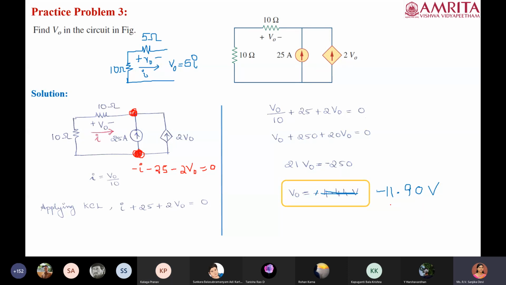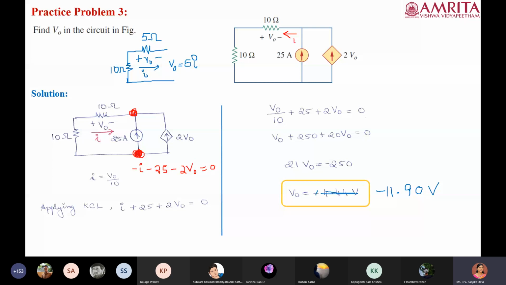Okay, so let me show this here. That is also fine. I will show it in the first circuit. So let us assume that current is flowing outside, right? It is flowing out of this particular terminal. In that case, how do we write?